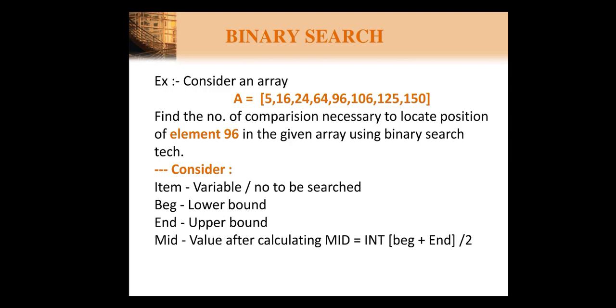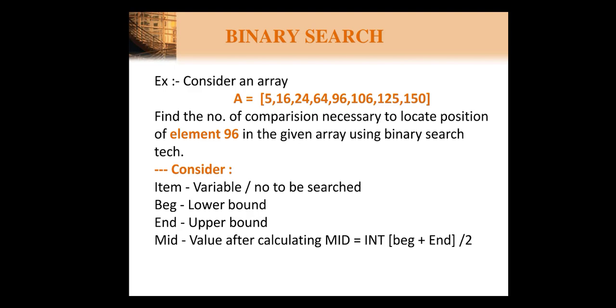Here we will take one example to see how to solve it with the help of binary search. Now consider the given array which consists of 8 elements. Total number of elements in the given array is 8. They are saying: find the number of comparisons necessary to locate the position of element 96 in the given array using the binary search technique.